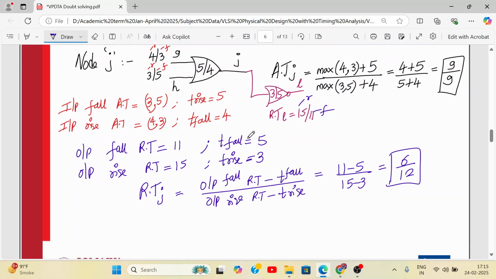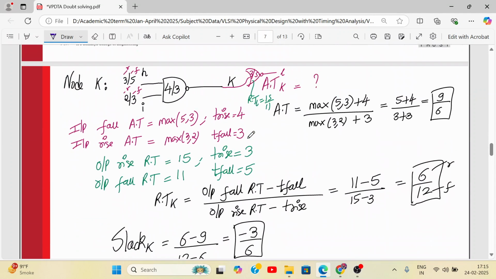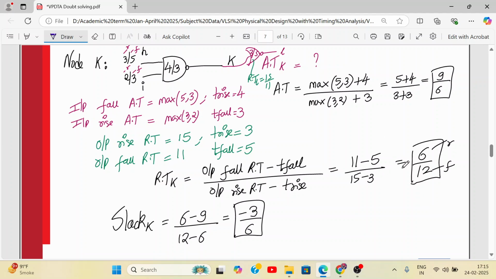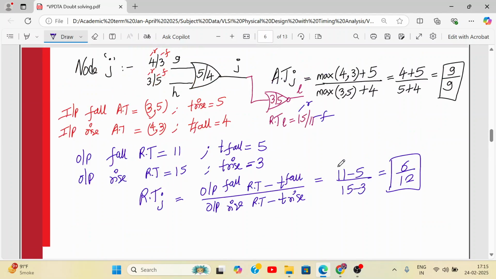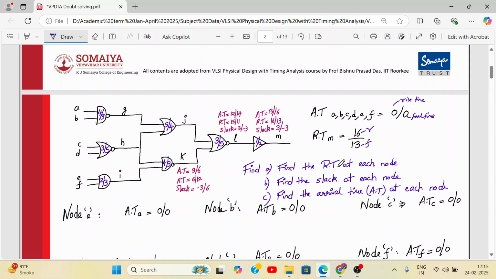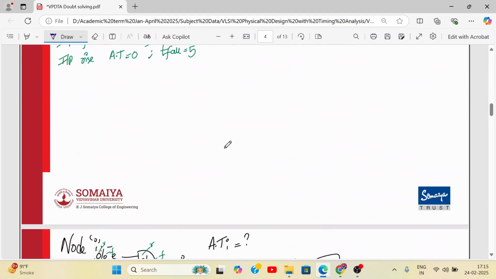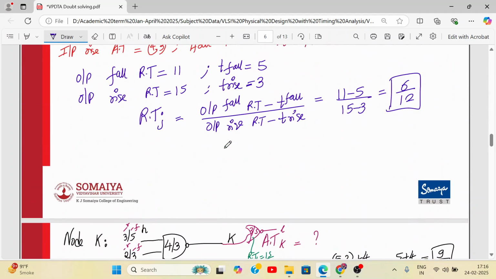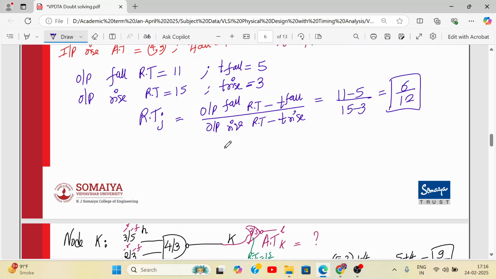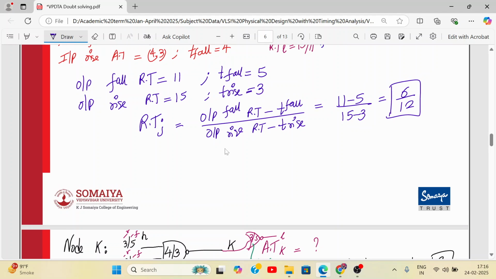If you notice one thing, return time at node K is 6 by 12 and node J is also 6 by 12. Why is that? Because they are going as input to the same gate. So the slack also, let's calculate the slack for this. I think the slack might be slightly different because arrival time is different.